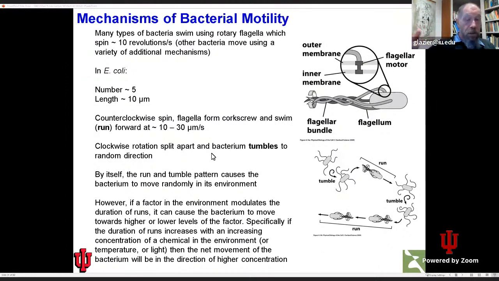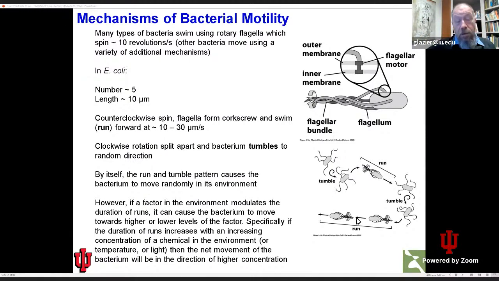If the motors start rotating the other way, then all of those individual corkscrews spread out. You see that here in the tumble picture. And the bacteria then gradually diffuse in direction, randomize their orientation. Then they reassemble their flagella, start spinning counterclockwise again, run, and tumble like that. If there were no bias to the duration of the runs, then the bacteria would diffuse.